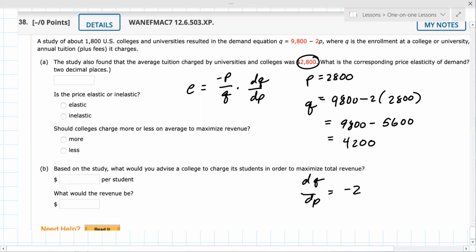It's minus 2. So the elasticity of demand is minus 2,800 divided by 4,200 times negative 2. Okay. And from my experience, this number is always positive. And so I got 1.33.